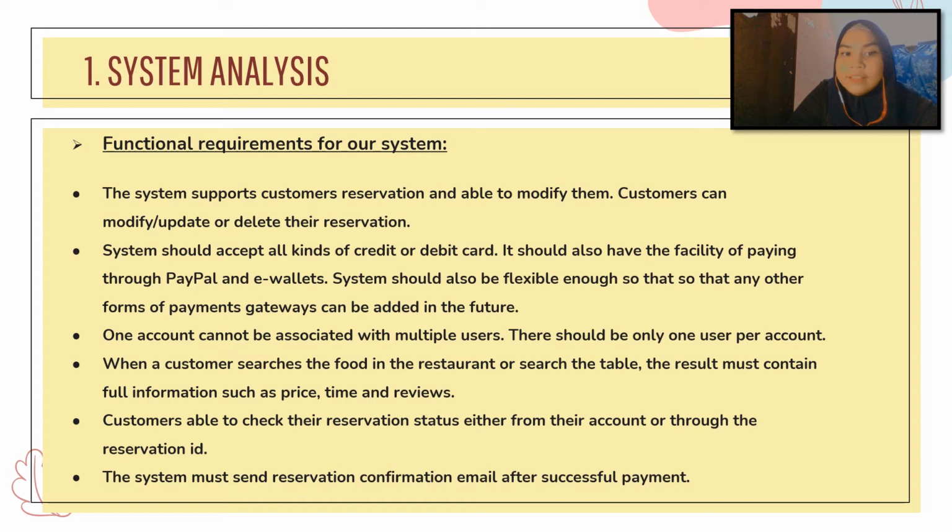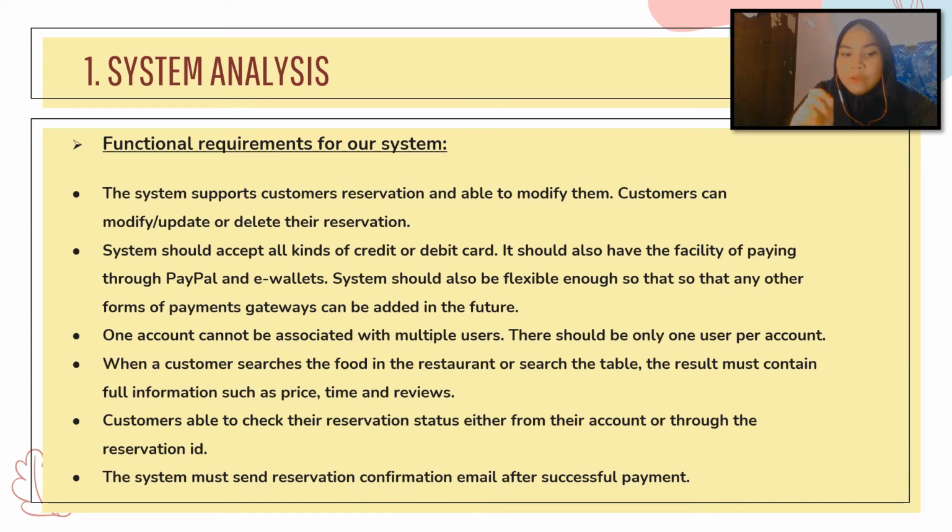Other than that, one account cannot be associated with multiple users. There should be only one user per account. After that, when a customer searches the food in the restaurant or search the table, the result must contain full information such as price, time, and reviews.